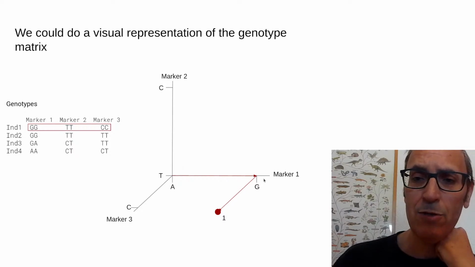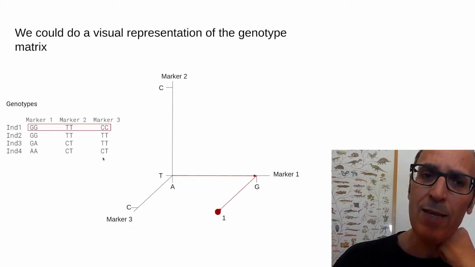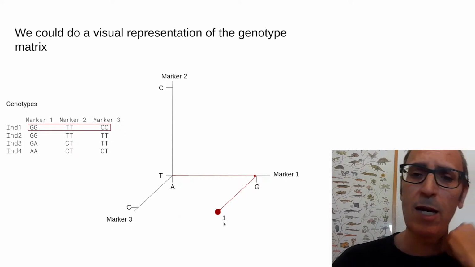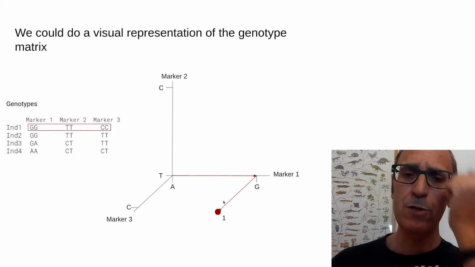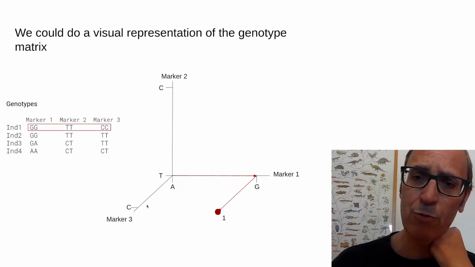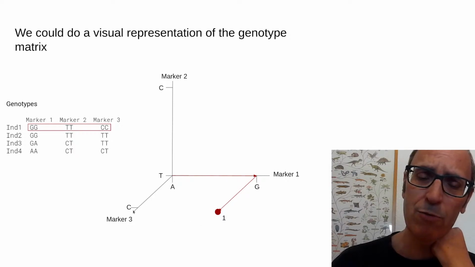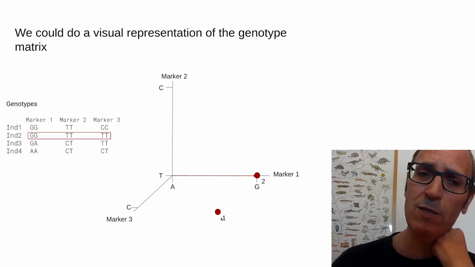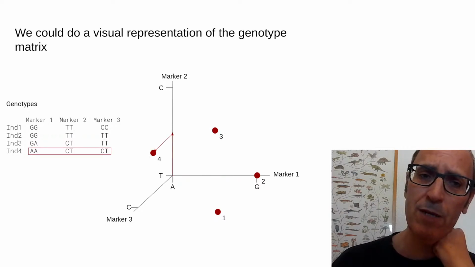Then it's homozygous for TT, so it will be in position 0 on the second axis, and for the third marker it will be in position 2, because it's CC. So our individual will be positioned in space at position 2, 0, 2. This is the position for individual 1. And we can do the same for individual 2, individual 3, and individual 4.